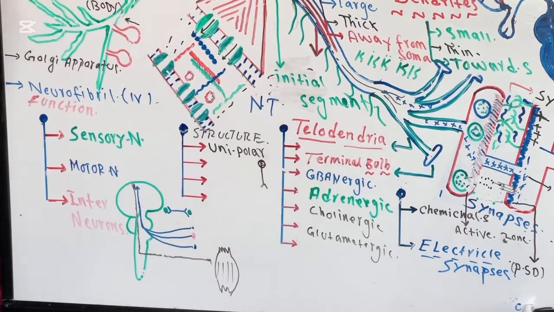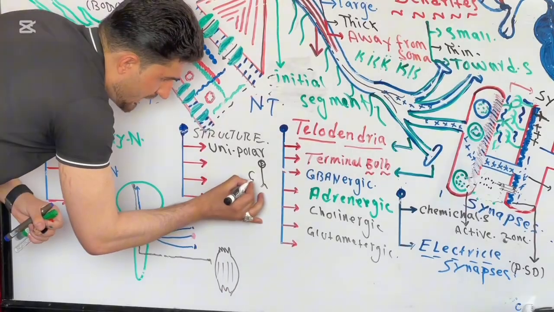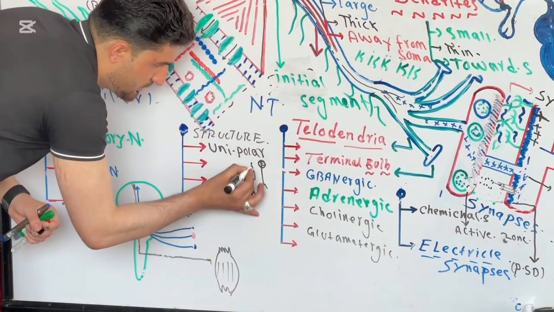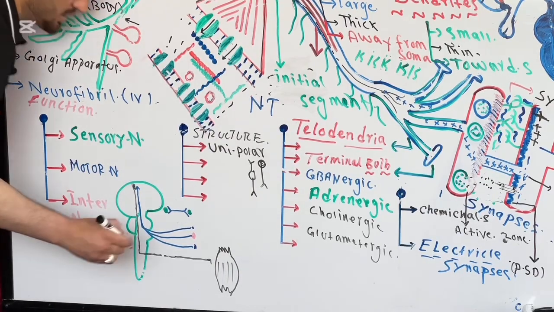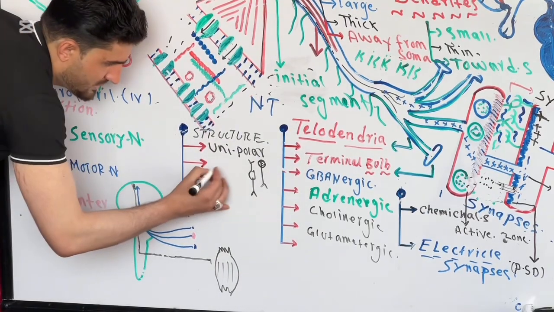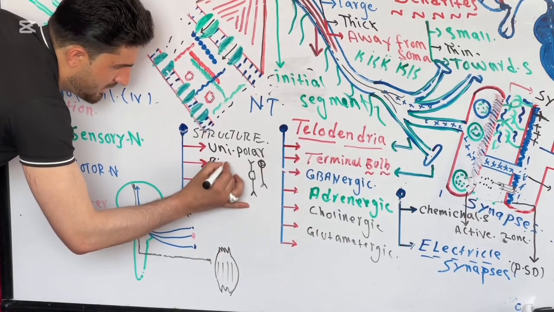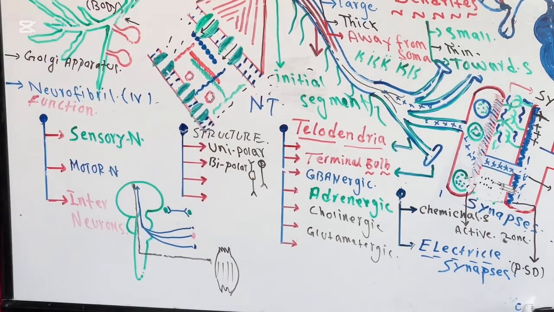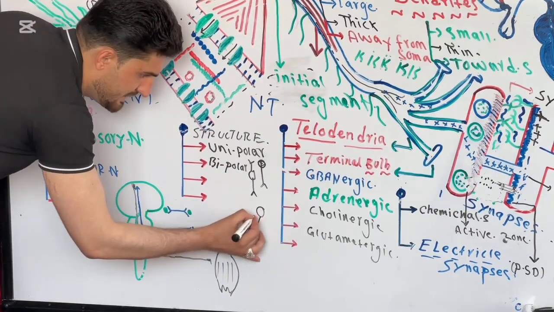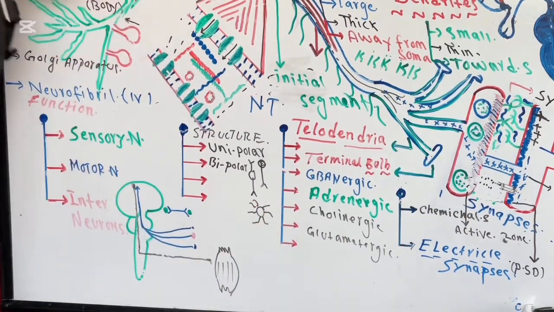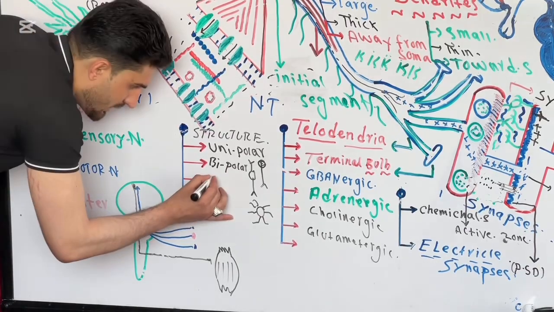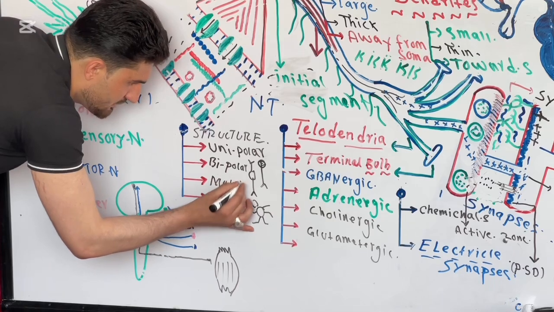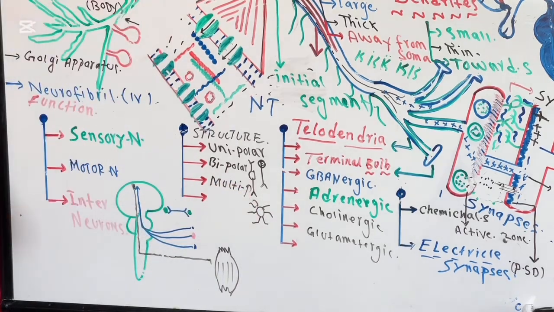Another type has two extensions, one could be a dendrite and one an axon, for example in our spinal cord. This type is called a bipolar neuron. In the CNS we have a lot of neurons with more than two extensions; multi means more, bi means two, so these are multipolar neurons.